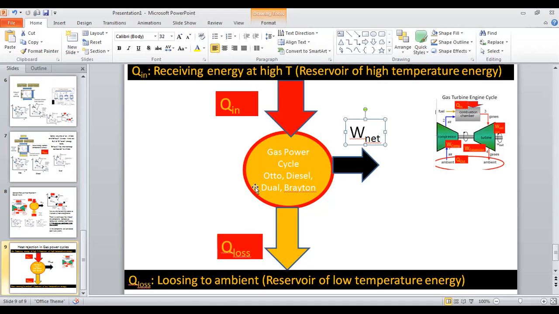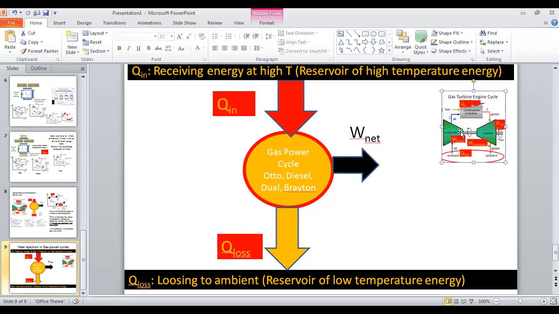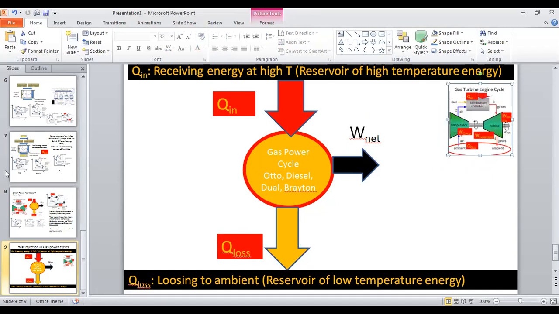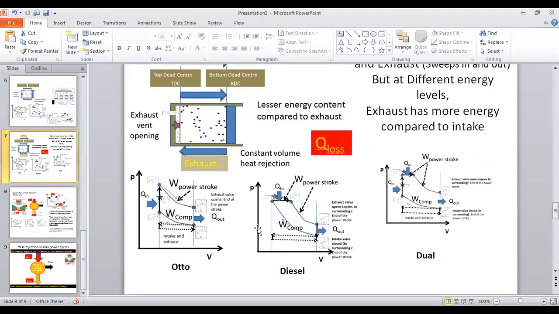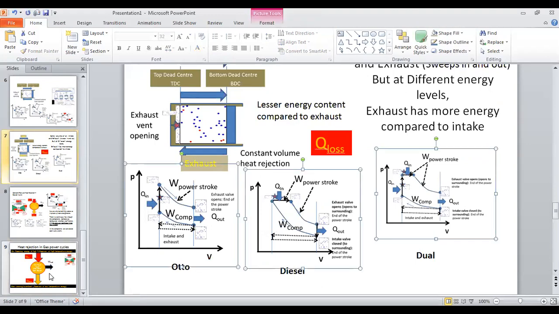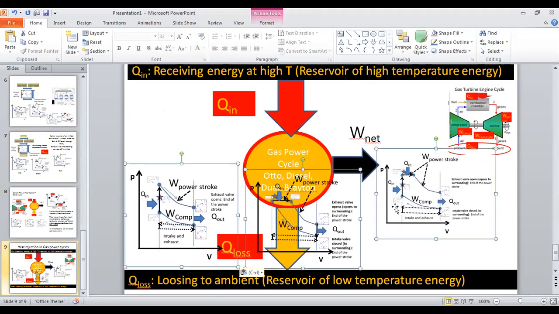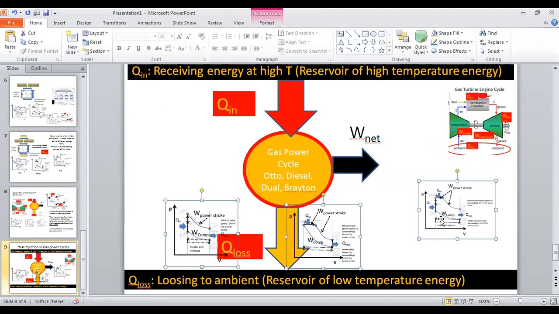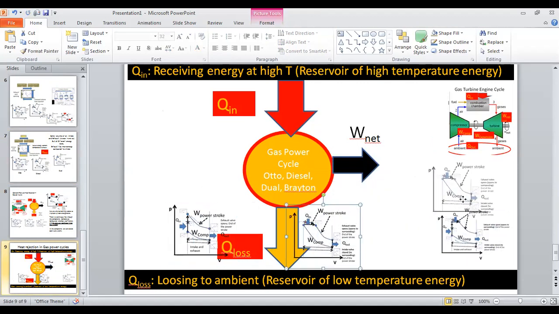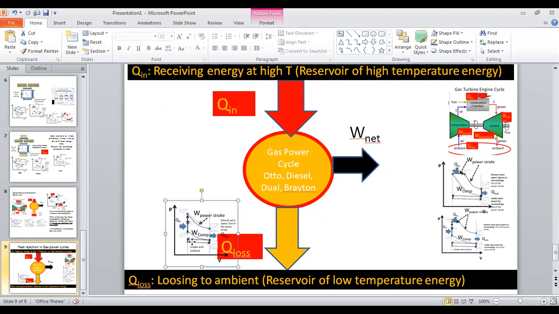Okay, so you can have an energy balance as well. This is applicable to the gas cycle, the gas turbine cycle, and of course all the power cycles.